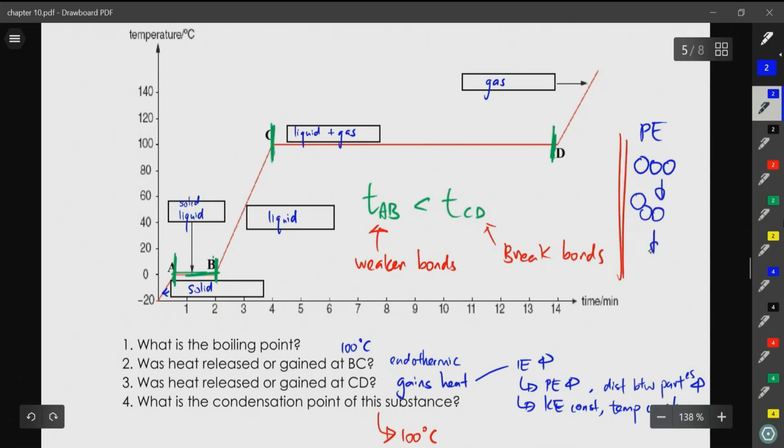That is for A to B. But you realize that for C to D the distance increases even more because you're trying to break the bonds. So if you measure the average distance between particles, you realize that the last diagram has the largest average distance.